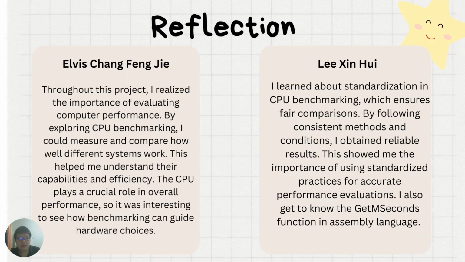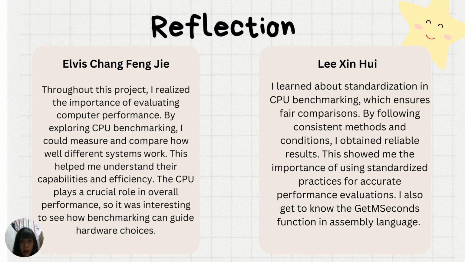Throughout this project, I realized the importance of evaluating computer performance. By exploring CPU benchmarking, I could measure and compare how well different systems work. This helped me understand their capabilities and efficiency. The CPU plays a crucial role in the overall performance, so it was really interesting to see how benchmarking can guide hardware choices.